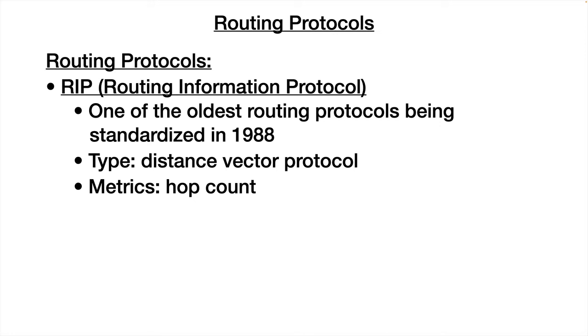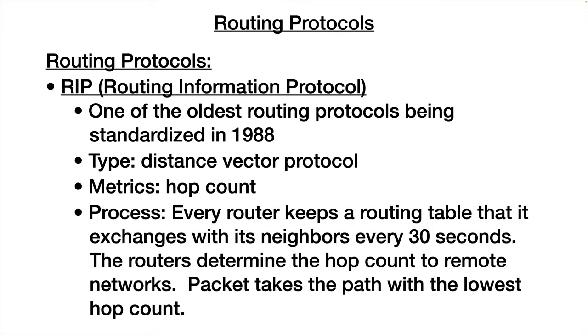The routing process for RIP is every 30 seconds exchange a routing table, and the routing table has information about my neighbors. So if a device sees this routing table, it knows that the host that sent it is one hop away, and then everybody that is in its routing table is 2 hops away.